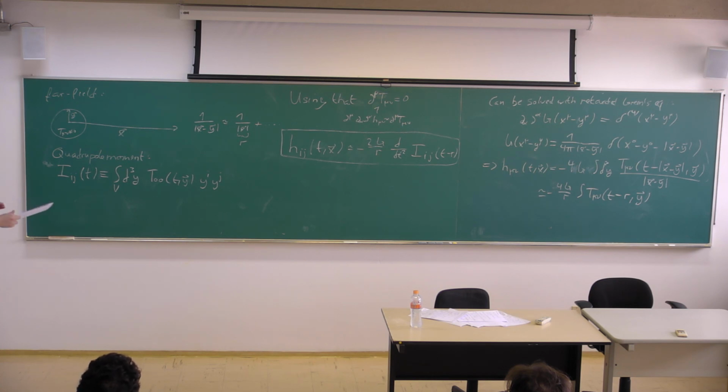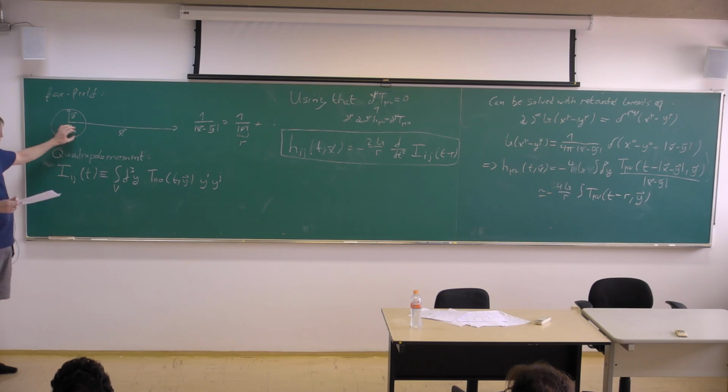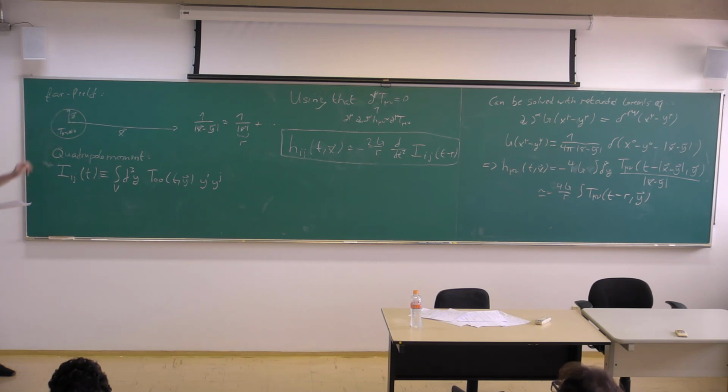And then using that, you can calculate the amount of energy that is radiated away. Again, we assume that the source is localized in a region, and now I want to know how much energy is lost in gravitational waves per time due to something happening here.